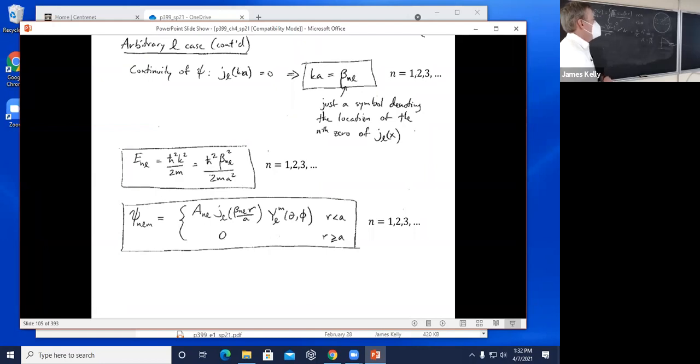I was thinking maybe we should do another MATLAB project where we actually show, inside this sphere, maybe for a certain cross section through it, what the probability density is for certain low values of N, L, and M. And so you get an idea of what the shape of these wave functions look like for the infinite spherical well as a function of r, theta, and phi inside the sphere.